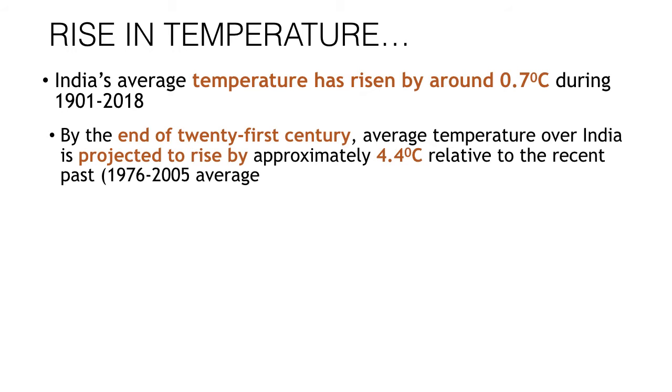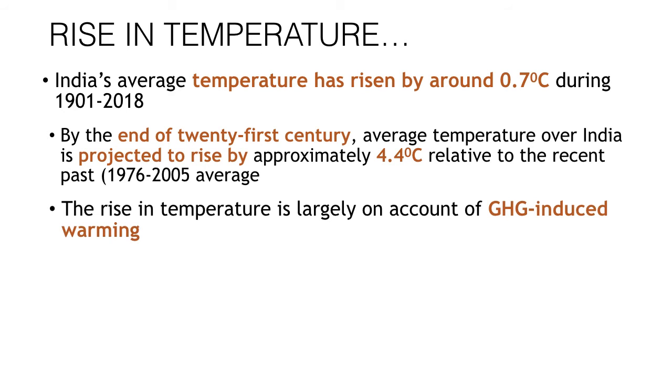By the end of the 21st century, the average temperature of India is projected to rise approximately 4.4 degrees relative to the recent past, the 1976 to 2005 average. The rise of temperature is largely accounted for by GHG induced warming. So the major contributor is greenhouse gases, the main culprit, like elsewhere.